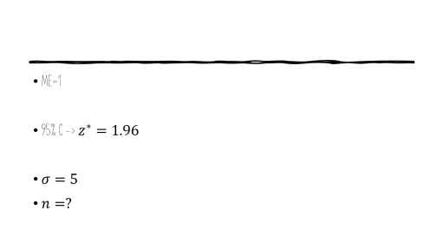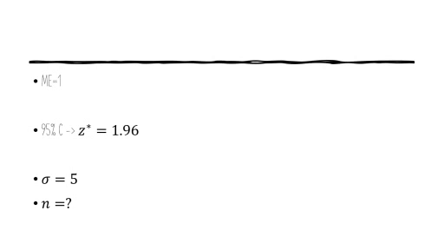So a margin of error of 1, a 95% confidence level, with a z of about 1.96. The standard deviation was 5, and we're trying to find the n.